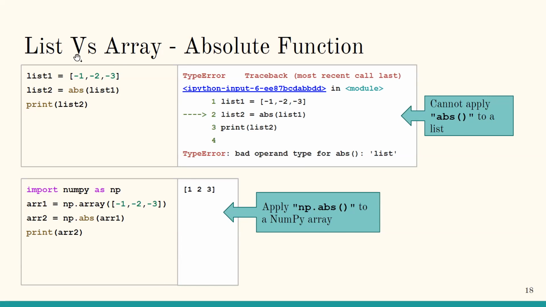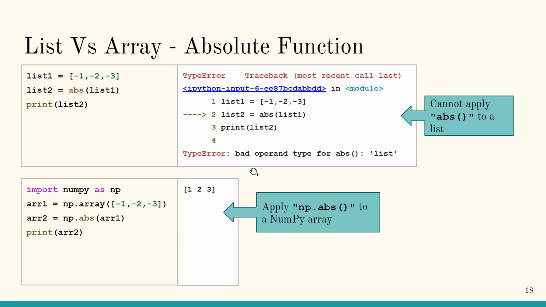So if we compare list and array, sometimes you have 3 values in here, -1, -2, -3, and you want to take the absolute of everything, to change that into 1, 2, and 3, and you try to use this absolute function. We have learned about this function last time, and it will tell you that it's not okay.